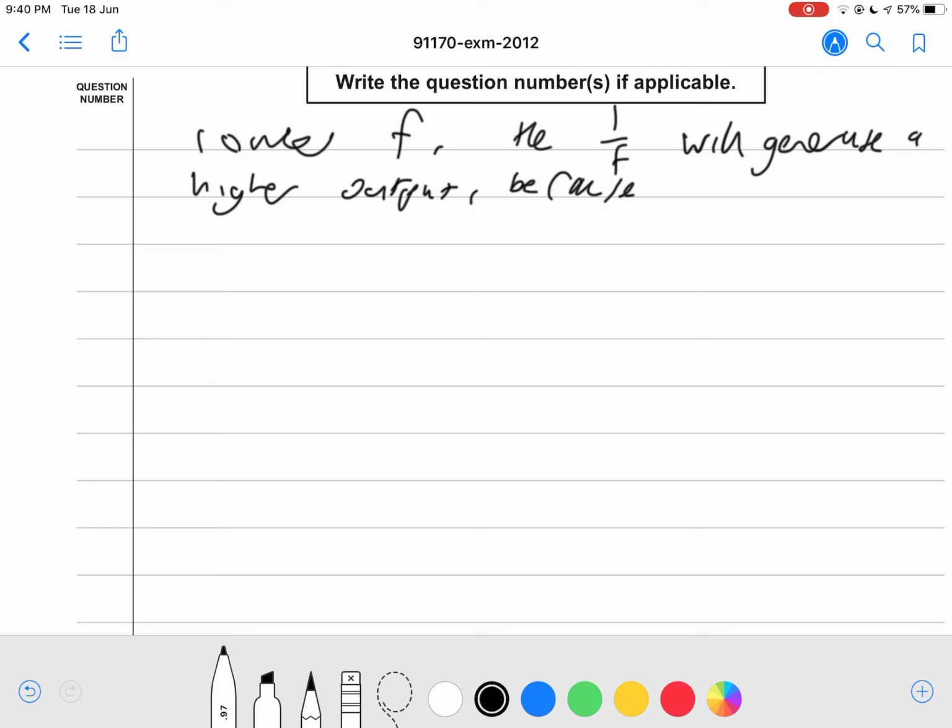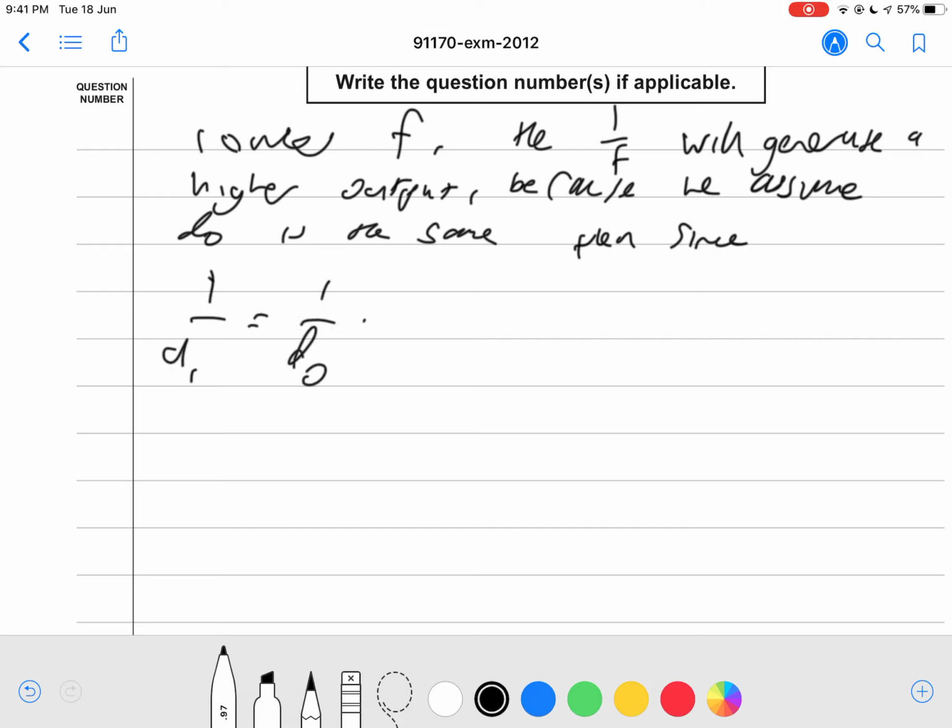Because we assume do is constant, because we assume 1 over do is the same, then since 1 over di equals 1 over f minus 1 over do.